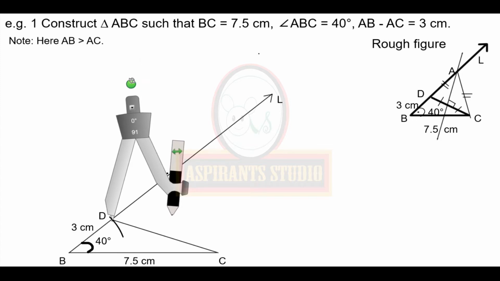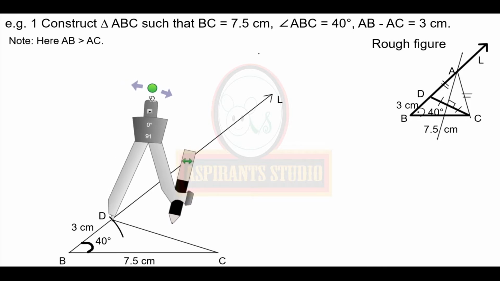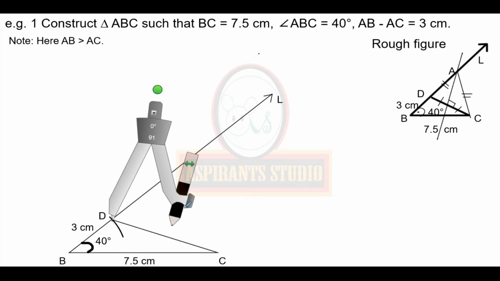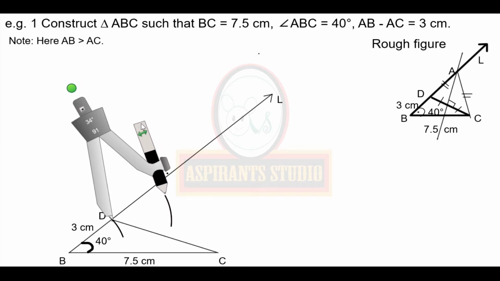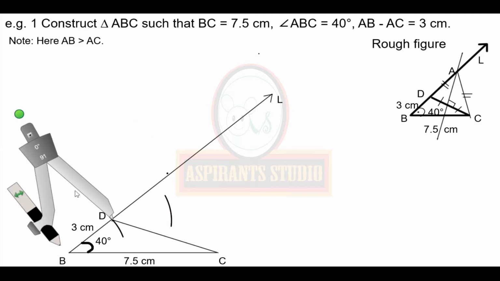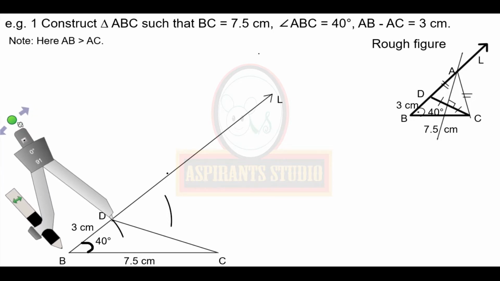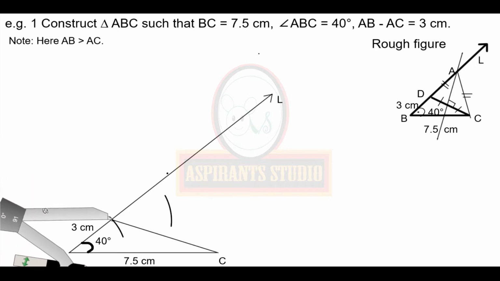So keep one end of the compass at D. Take more than half of the distance DC in the mind and draw arcs above and below the segment DC.